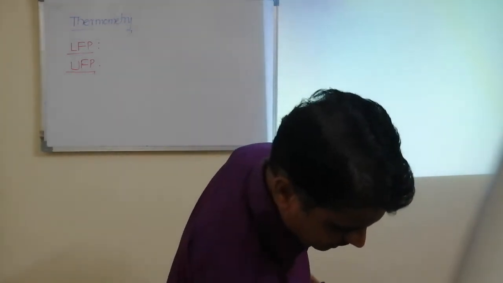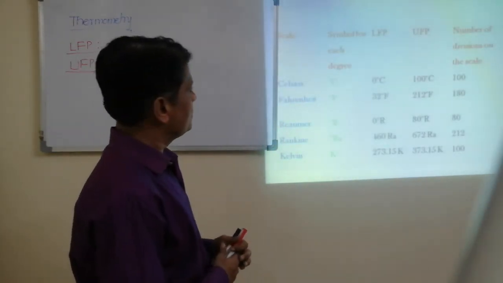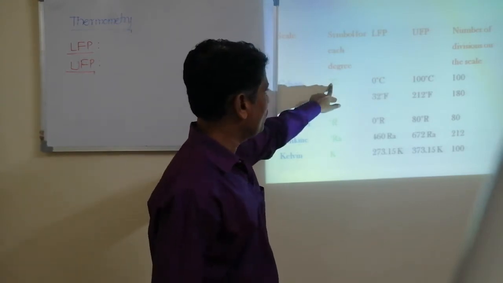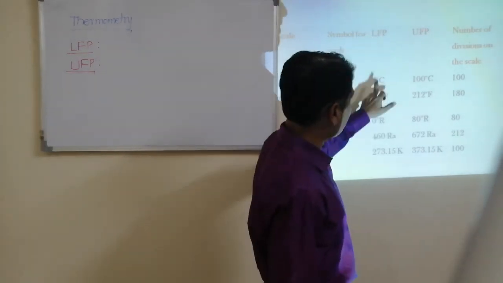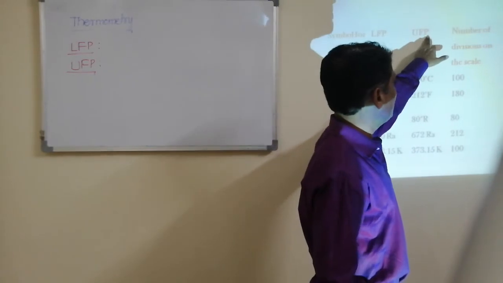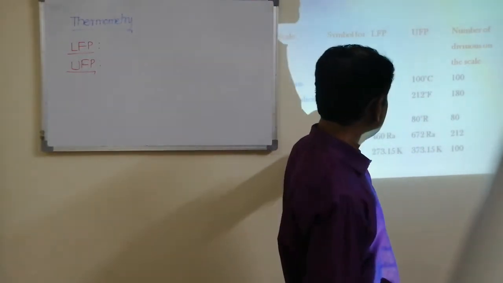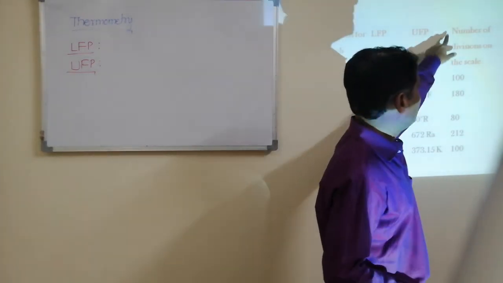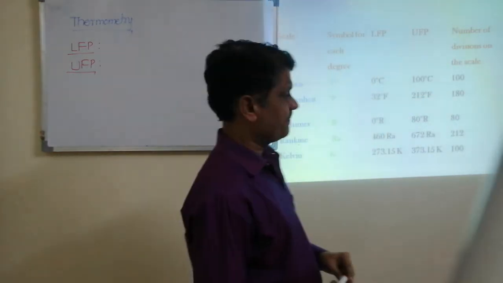Okay, for your convenience, let's have a list. First, the Celsius scale. Its symbol is degree Celsius. Its lower fixed point is taken as 0 degrees Celsius and the upper fixed point is taken as 100 degrees Celsius. That is, between the lower fixed point and upper fixed point, the number of divisions in the scale is 100.